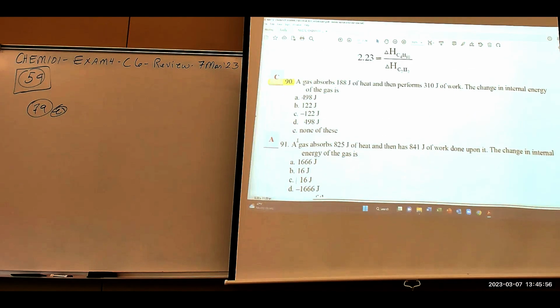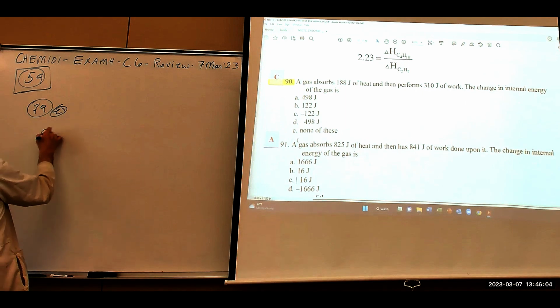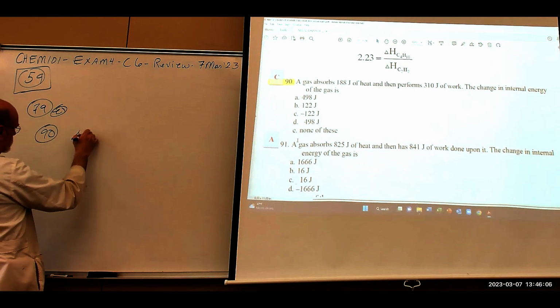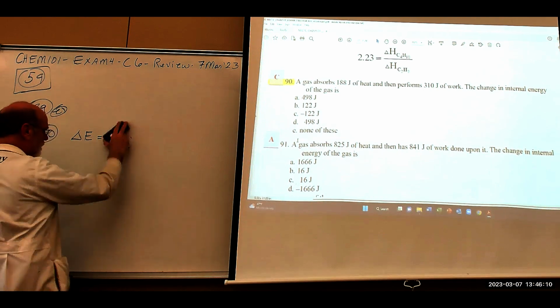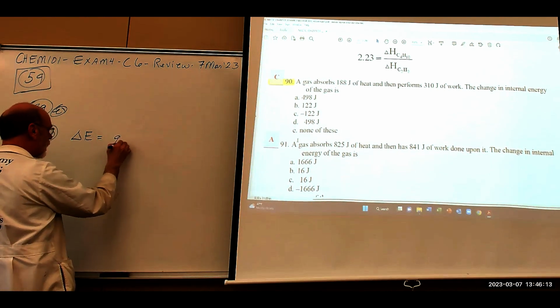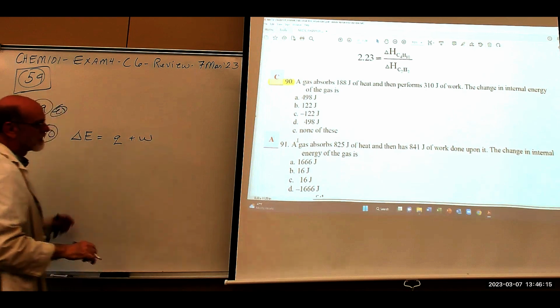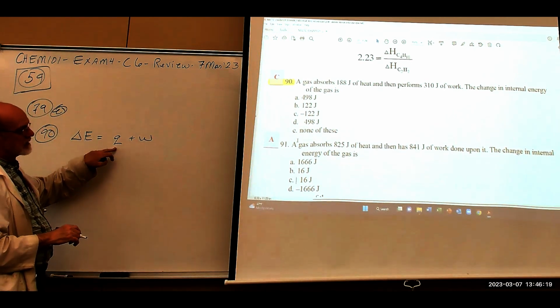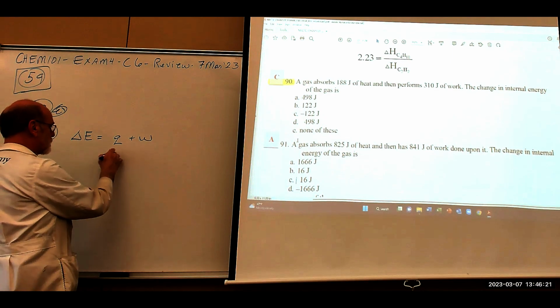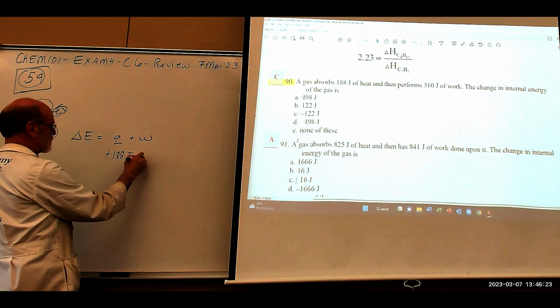Gas absorbs 188 joules of heat and then performs 310 joules of work. Change in internal energy. Okay, this is a quickie. Internal energy is Q plus W. So if the gas absorbs heat, this is a plus value, right?